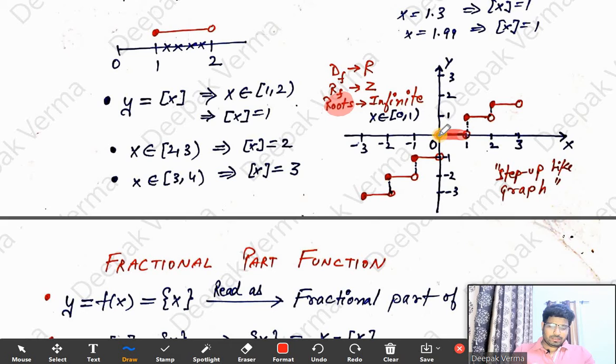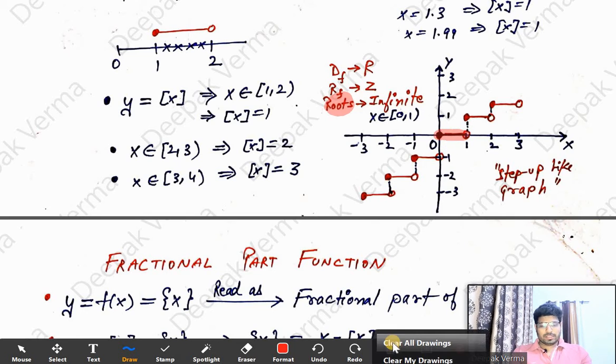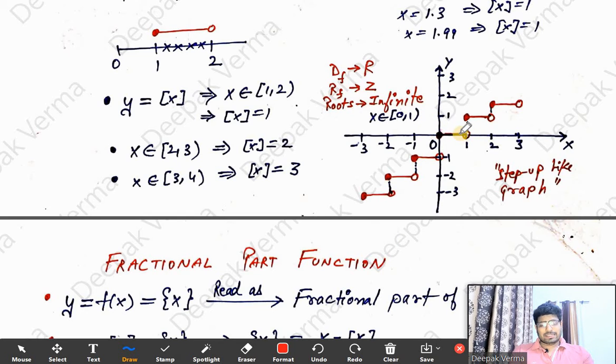Between 0 and 1 we have infinite points. It means the graph is cutting the x-axis at infinite points. Got it? So we can say we have infinite roots. Is it clear? I hope you are getting my point.